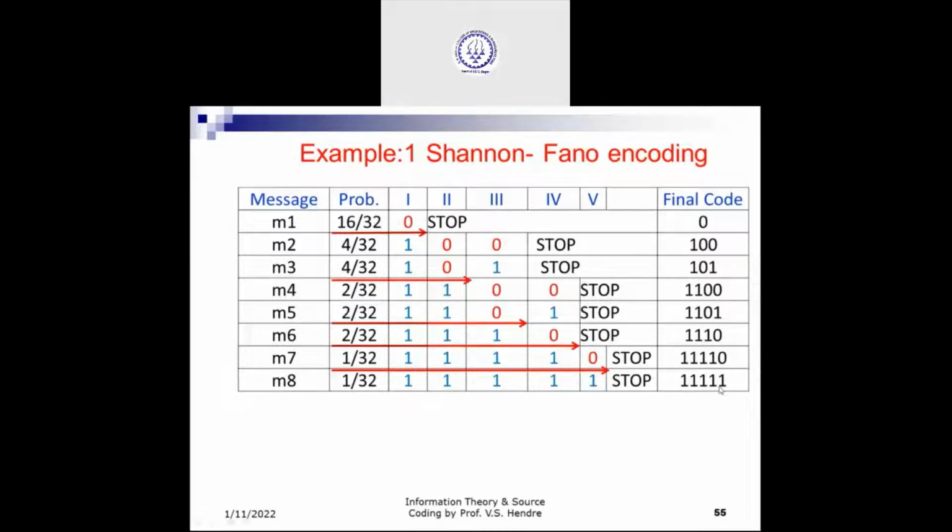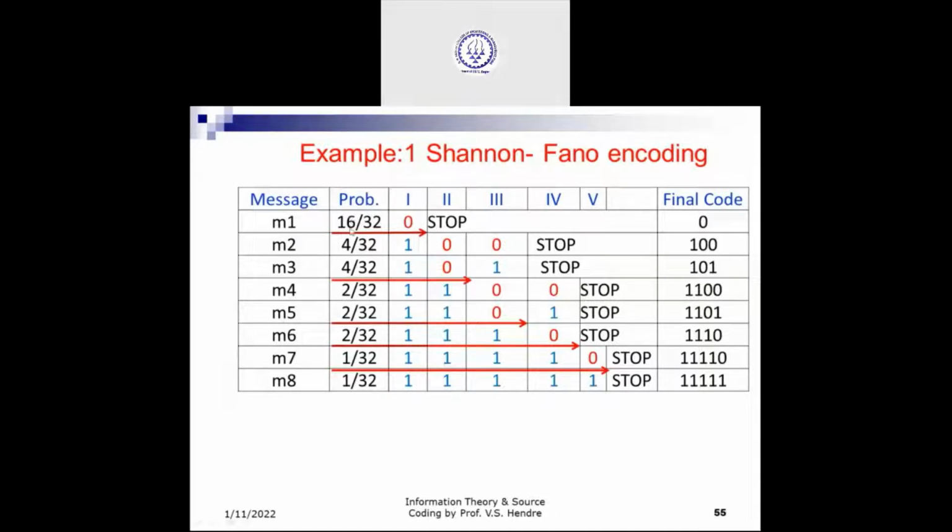Now if I look at the concept of prefix code, the concept of variable length coding, I observe that the probability of M1 is the highest in this particular source, and highest probability means it carries less information, and as it carries less information we have encoded this with a single bit only.